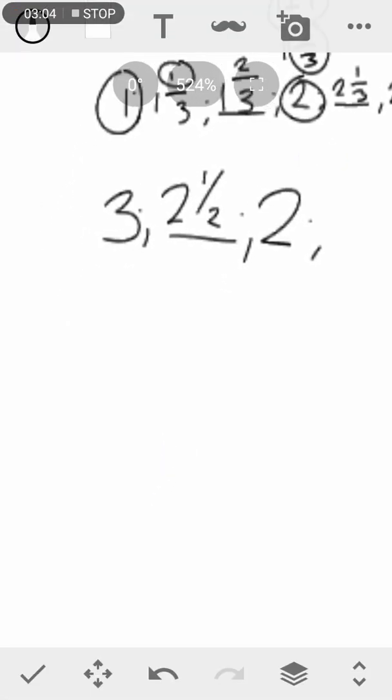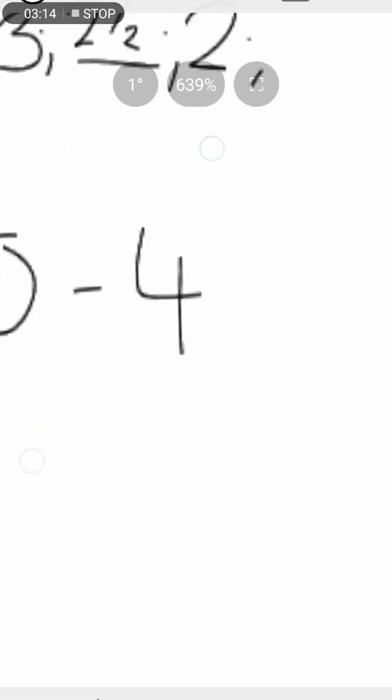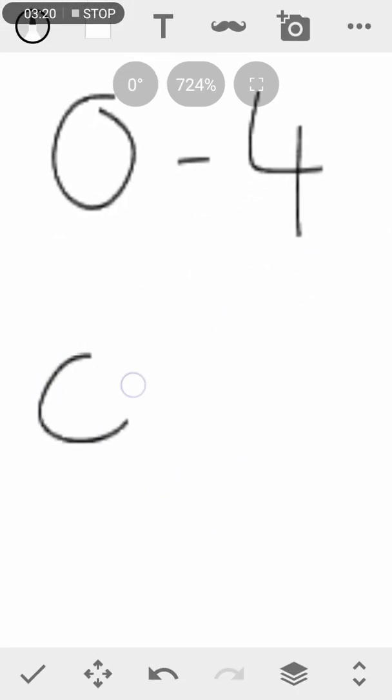And then lastly, number 3 says draw your own number line to show that you can count from A is 0 to 4 in fifths. So we need to count from 0 to 4 in fifths. This is fifths. That means that we need to move in 5. So let's start with 0.